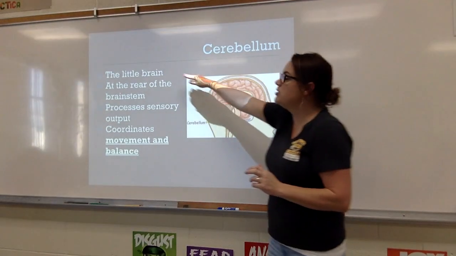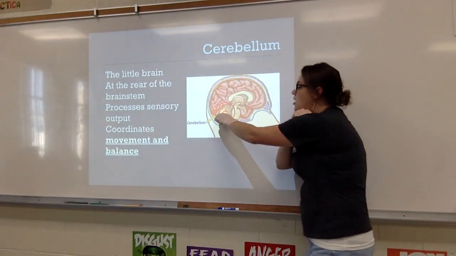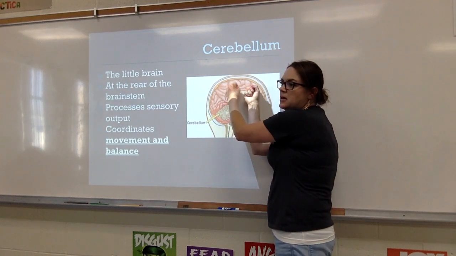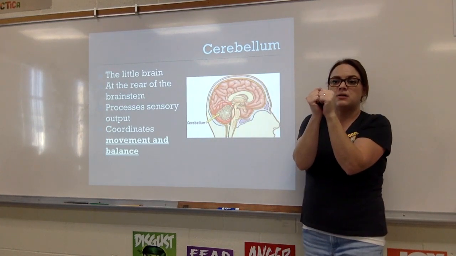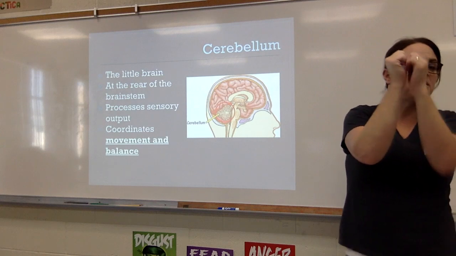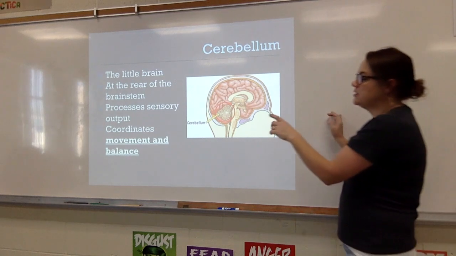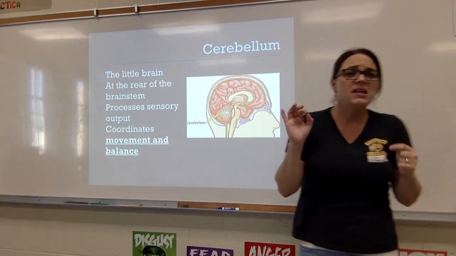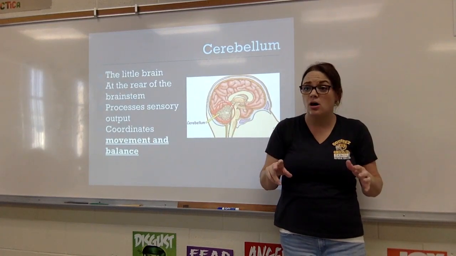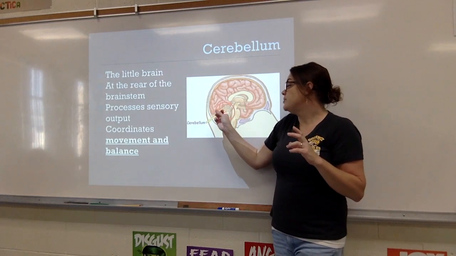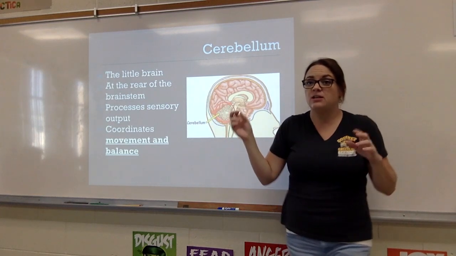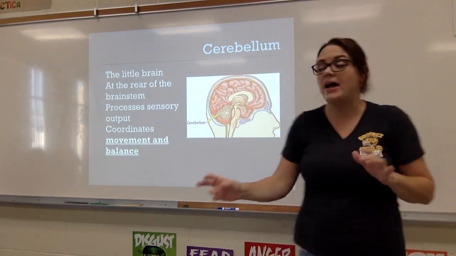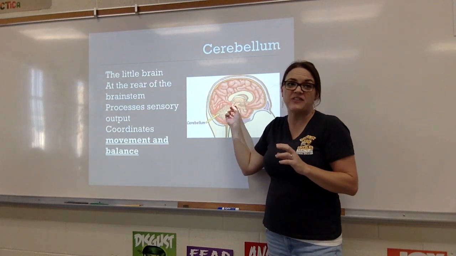The cerebellum is known as the little brain because it's small down here compared to your big hemispheres of your brain up there. So you have your hemispheres of your brain like this, and then the cerebellum is below it. It helps with movement and balance. It's really affected by alcohol, which is why sometimes if people get intoxicated when they're walking, they kind of stumble around because their cerebellum has been affected.